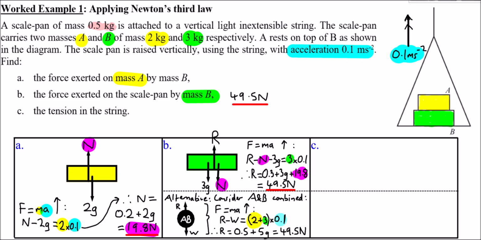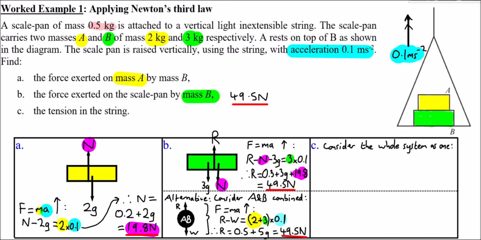Now C, I'm going to show you the same thing again, the fact that there's also two approaches for part C. So for part C, what we need to do is to find the tension in the string. So what we can do is consider the whole thing as one. So we can consider the whole system as one mass.